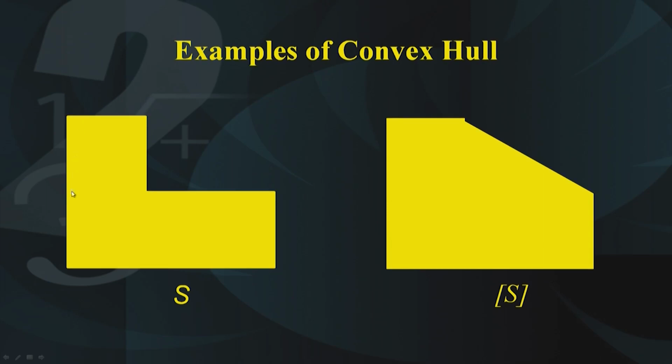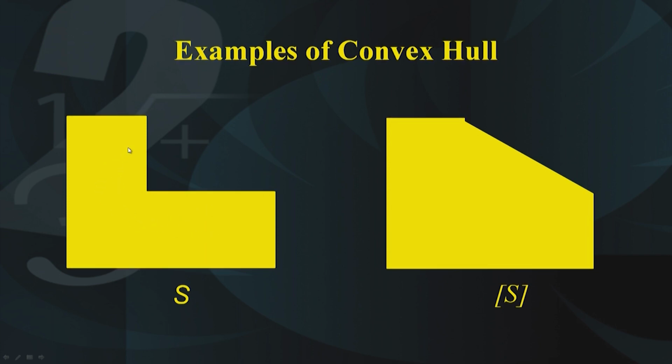Let us look at some examples. So, here is the set S on the left hand side. We have this L shaped figure, and you can see that this is not a convex set.